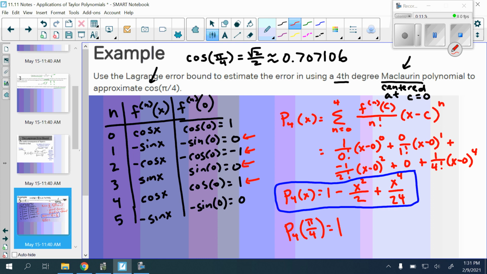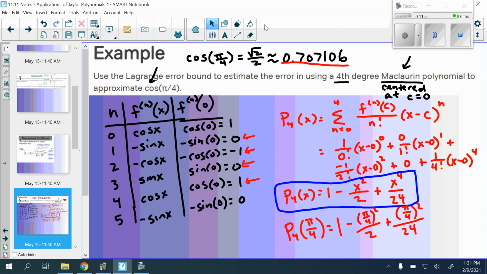So that means putting pi over 4 in for these x values and seeing what this comes out to be. So we'll use our calculator to evaluate that. And it should give us something hopefully fairly close to what we got up here. So let's pop that in a calculator and see what we get.